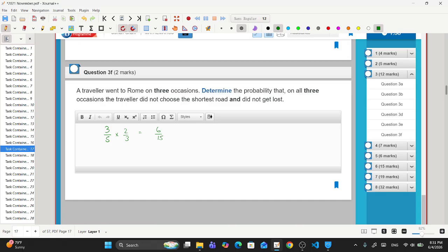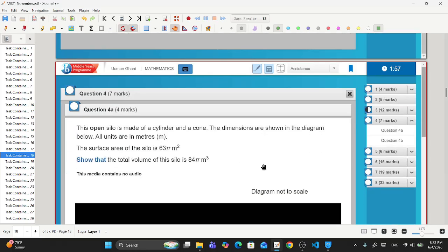But he traveled to Rome 3 times, and all the 3 times he had the same probability. So it is going to be the cube, or simply 6 over 15 multiplied by 6 over 15 multiplied by 6 over 15. So if you were to solve this one, 6 over 15 whole cubed would be 8 over 125. Okay, I hope this is clear.